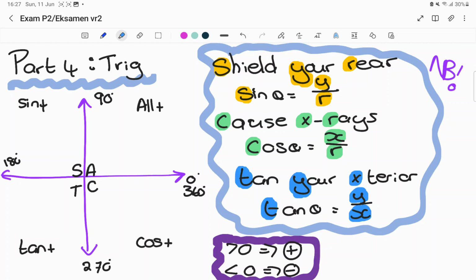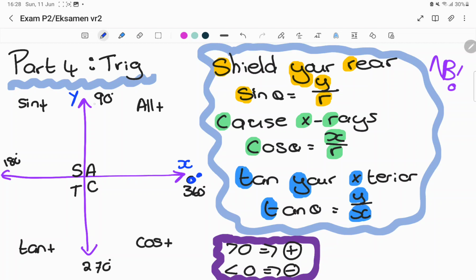Alright, moving on to my Cartesian plane. Now this here is still my x-axis and this here is still my y-axis. But because I'm working with degrees, I also need to have degrees on my Cartesian plane. The way in which we write your degrees is this point here is always your starting point, so this is the point 0.